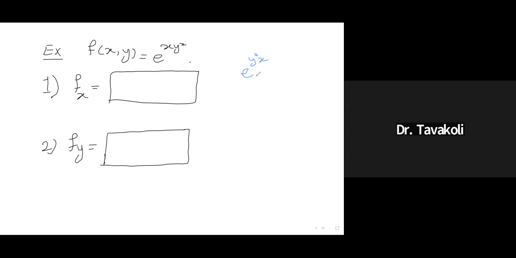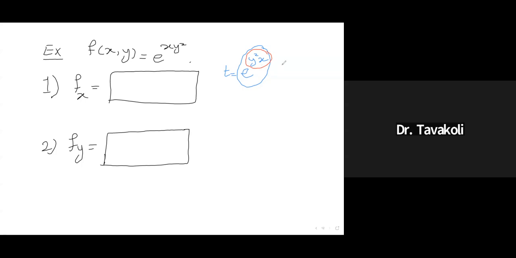Let me give a name to this. Suppose I call this t. I want to find the derivative with respect to x. As you might remember, in using the chain rule, we let this be u. We find the derivative of u with respect to x and multiply by the derivative of t with respect to u.